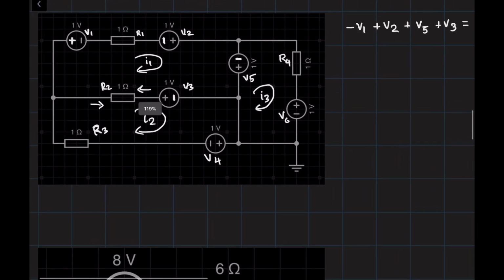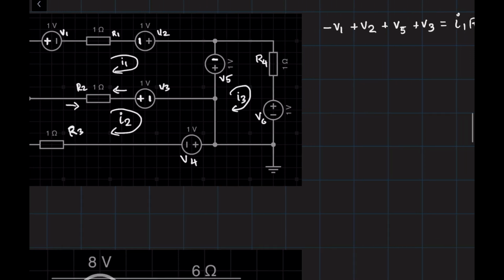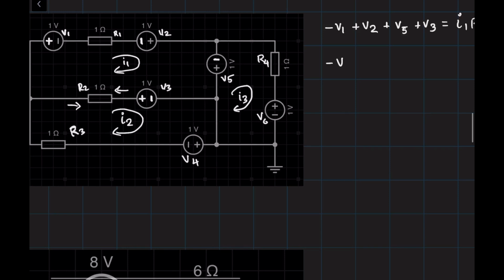In loop 2, if you move in the clockwise direction, you can see the positive end of a source, so you write minus V3. Then searching again for voltage sources, you can see the positive end of another source, which is minus V4. There are no other voltage sources, so put an equal sign.